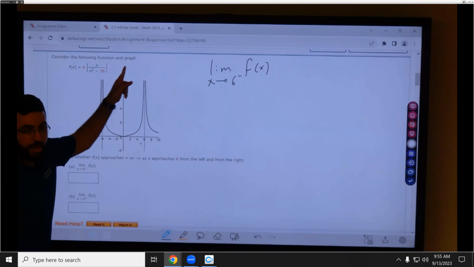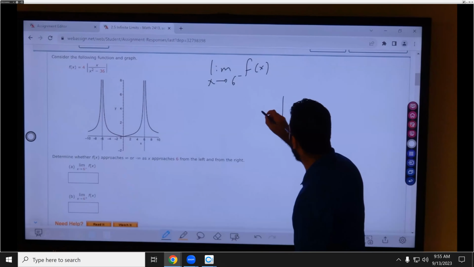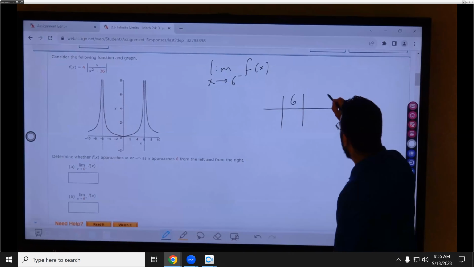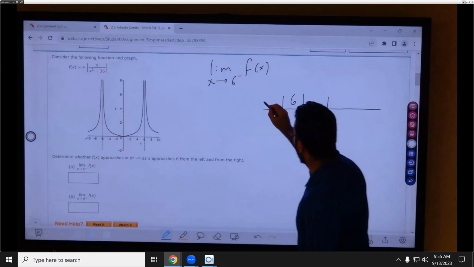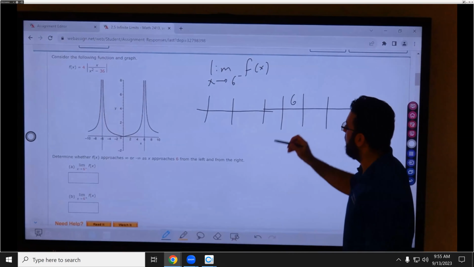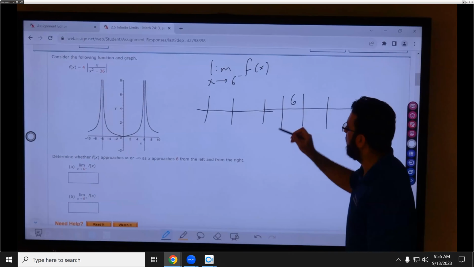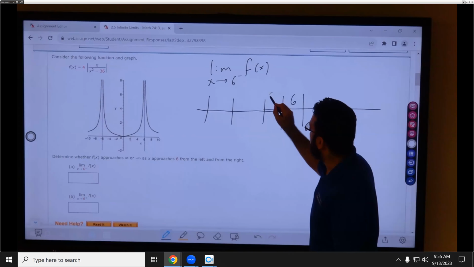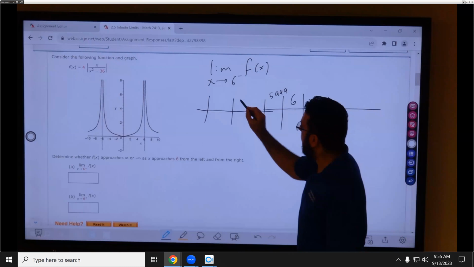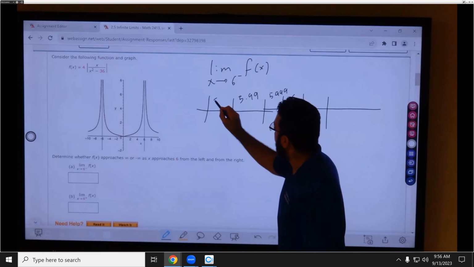Even if you create a table, a small table, here's the 6, from the left side. Pick numbers here: 5.999, for example, 5.99 and 5.9.